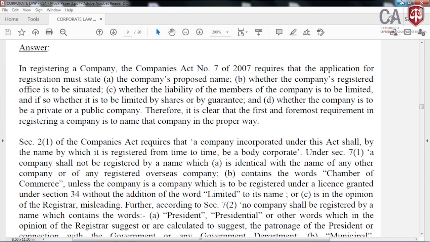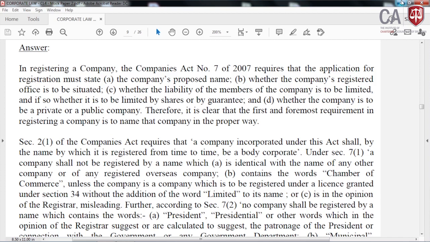So these are the more fundamental characteristics of a company that one must tender with the application for registration, so that the registrar of companies gets a more primitive idea what the company is going to be. Therefore, it is clear that the first and foremost requirement in registering a company is to name that company in the proper way.